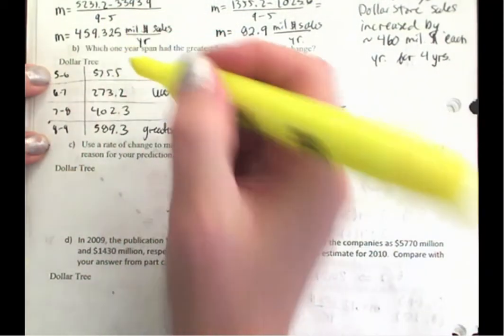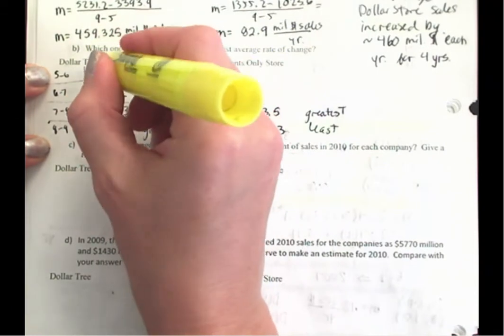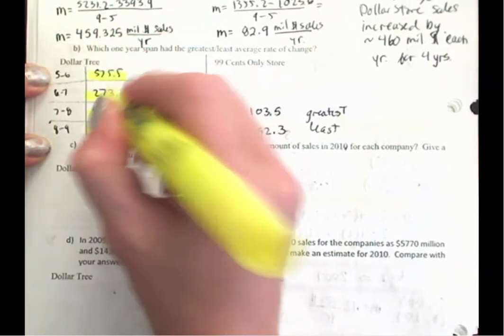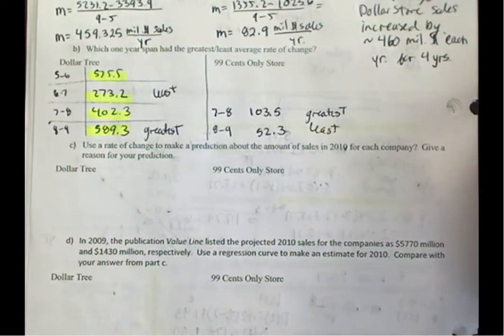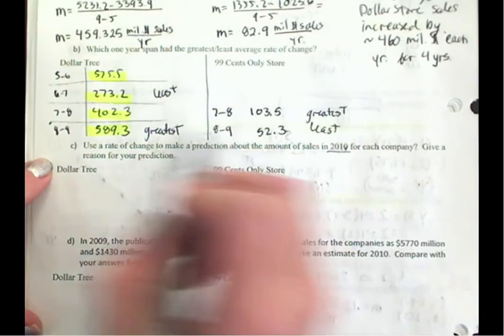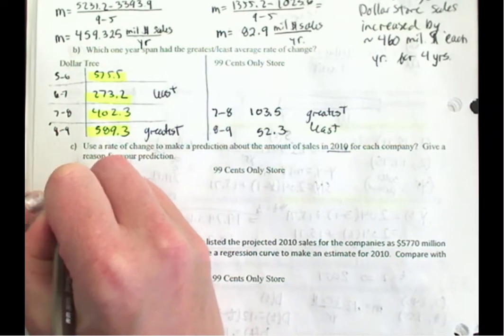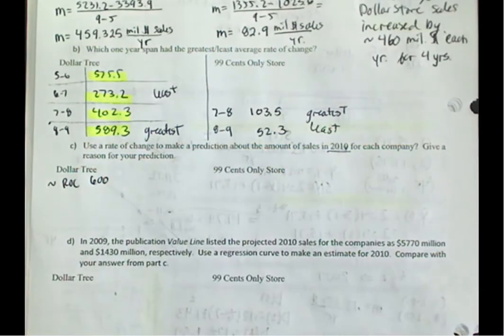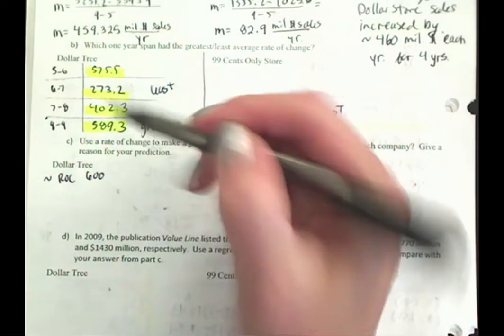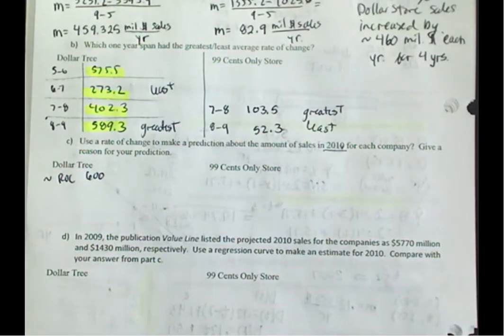I see the Dollar Tree that I have rates of change. 1, 2, 3. Okay. So the rates are going up each year. So I think for the next year, approximately rate of change 600. Each year it looks like they're going up. So I think the next rate of change is going to be 600.